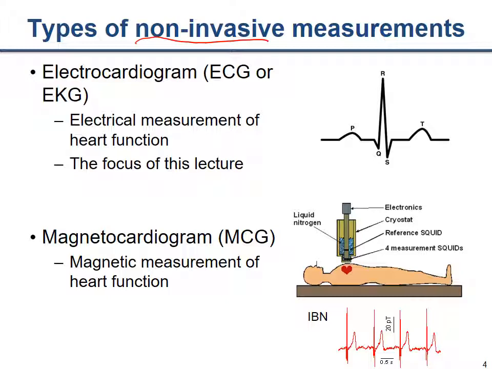Typically we do these in very shielded environments so that we're not being influenced by Earth's field, because the amplitude of magnetocardiograms is on the order of picotesla, and as a result we need magnetometers that can really measure down to these extremely low magnetic fields. It's a very challenging problem. We actually in my research group have some work going on magnetocardiogram type of devices.